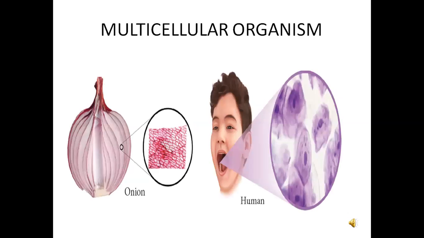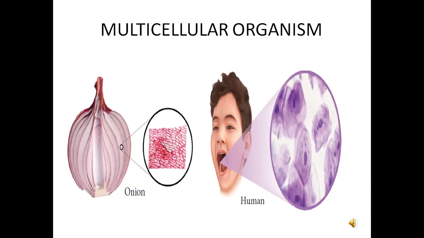Next, multicellular organisms. The cells are organized into tissues, organs and organ systems in a multicellular organism. So macroscopic organisms are visible and consist of many cells, but unicellular organisms are invisible, and the body of macroscopic organisms involves various functions.